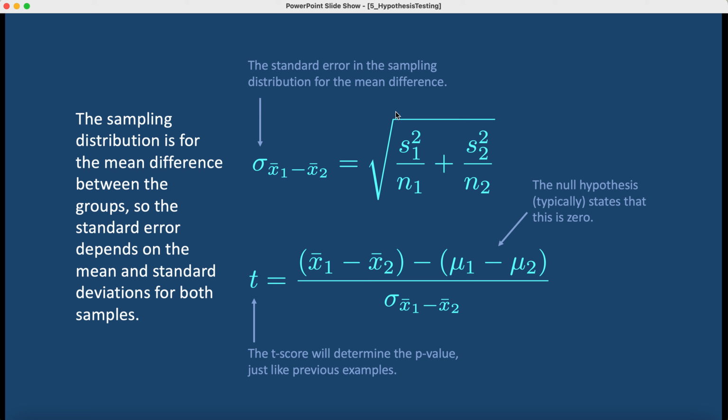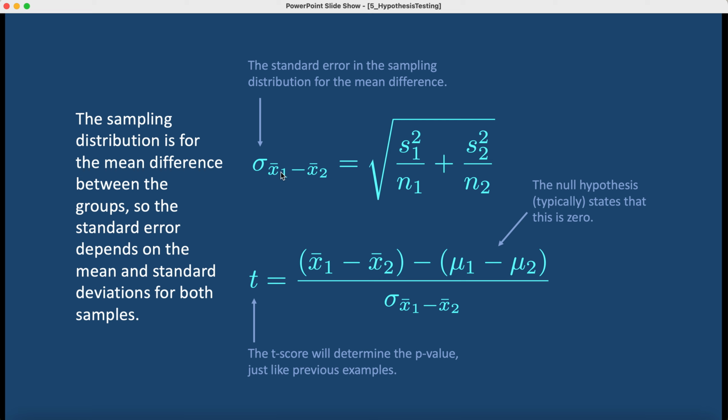The way you do it is you add the square of the other standard deviation and divide by that sample size, and then you take the square root of the whole thing. So we need to calculate this number and then calculate the t-score. And the t-score is the mean difference in the samples minus the null hypothesis, what the mean difference should be.